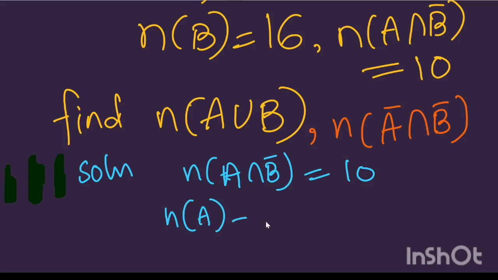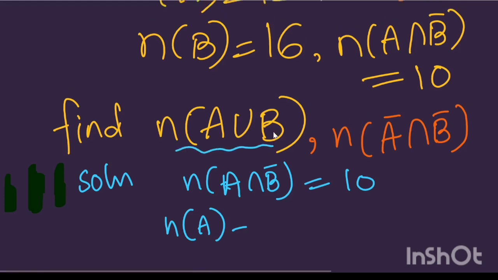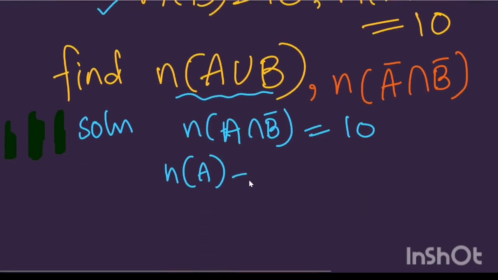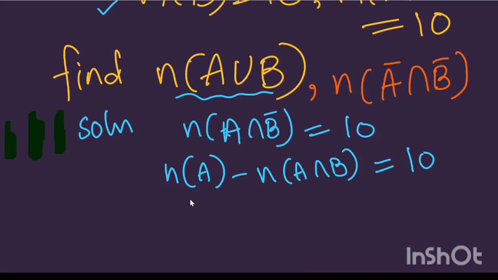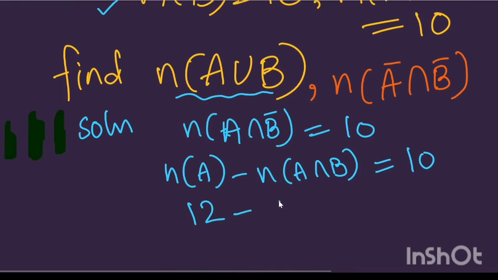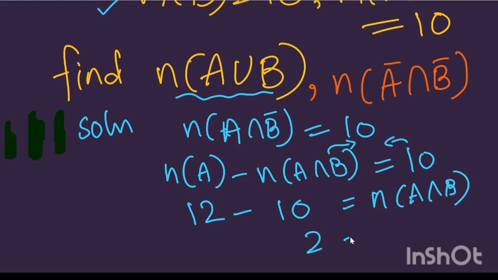From this we will find nA intersection B, and then we will use the formula for n A union B as nA plus nB minus nA intersection B, because nA and nB are given to us already. So nA minus n A intersection B bar. Here n A intersection B bar is equal to 10, and nA is given to be 12. So 12 minus 10, and n A intersection B is 2, guys.